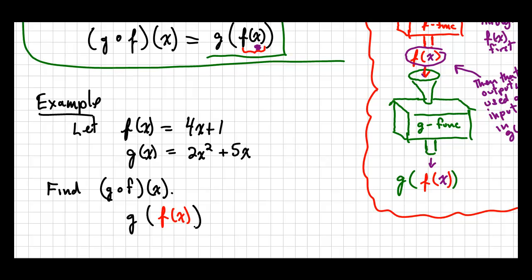So what does that mean? What does that notation tell us to do? It tells us to take this expression for f of x, and in the function g, wherever there's an x, we're going to replace it with f of x. So let's rewrite this like this. g of f of x, that's our function 4x plus 1.